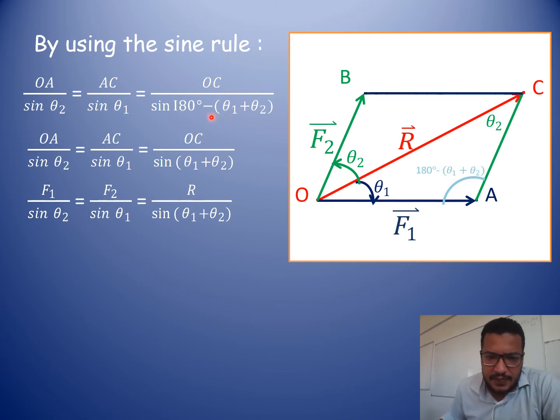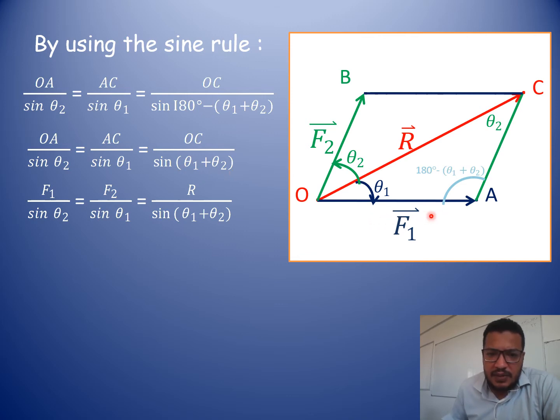Sine of 180 minus (θ1 plus θ2) will be sine (θ1 plus θ2). So OA over sine θ2 equals AC over sine θ1 equals OC over sine (θ1 plus θ2).